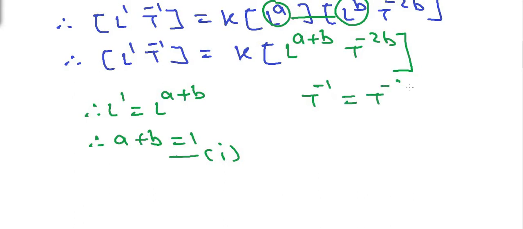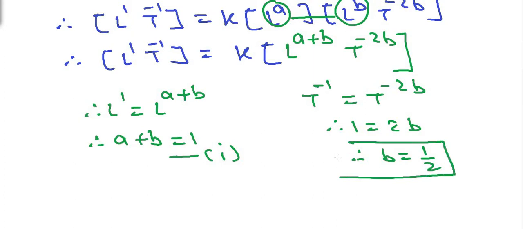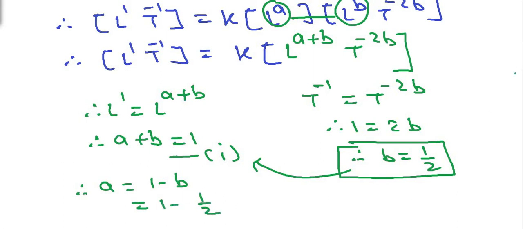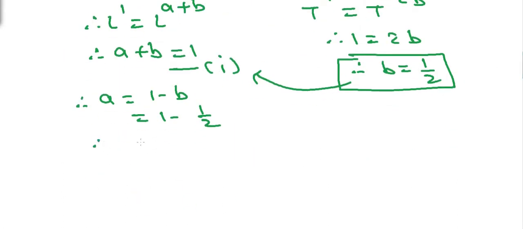T raised to minus 1 is equal to T raised to minus 2b, so 1 equals 2b, and b equals half. Substitute b equal to half in equation number 1, and we get a equal to 1 minus b, 1 minus half, and so a is also equal to half.